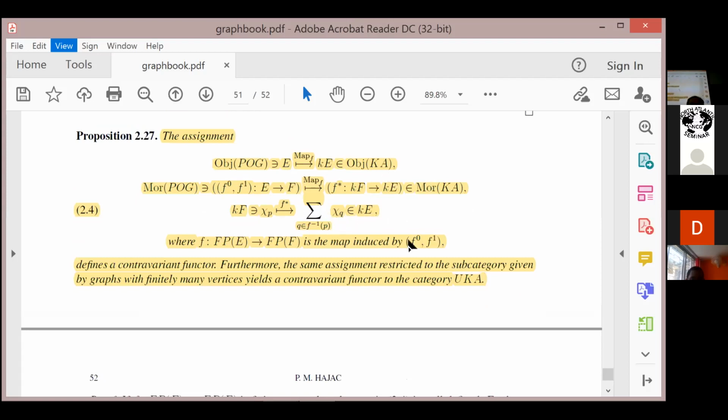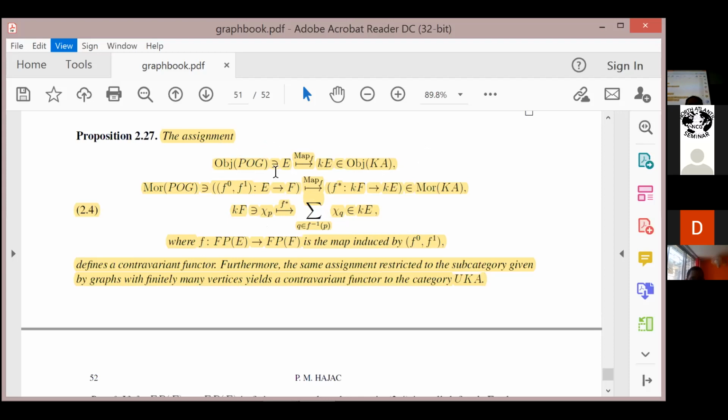Of course, now I have to prove that it really defines a contravariant functor, but that's what I'm going to do on the whiteboard. And now I also want to claim that if I restrict this same assignment to the subcategory given by graphs with finitely many vertices, so in other words, when I restrict my attention to unital path algebras, then I also get a contravariant functor. I don't do anything to morphisms, just proper graph homomorphisms.